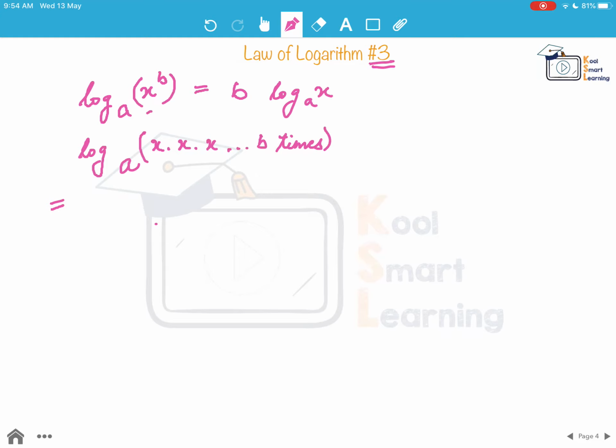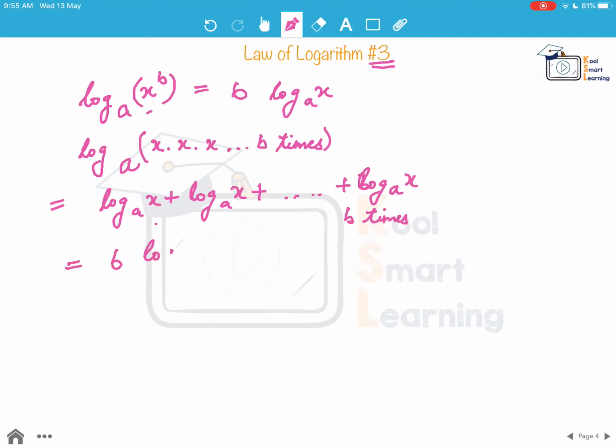Similarly here, if we have log of x multiplied by x till b times, this will become log of x to the base a plus log of x to the base a, repeated b times. So this becomes nothing but b times log of x to the base a. Right? So this is the third property, which is nothing but a special case of property 1.